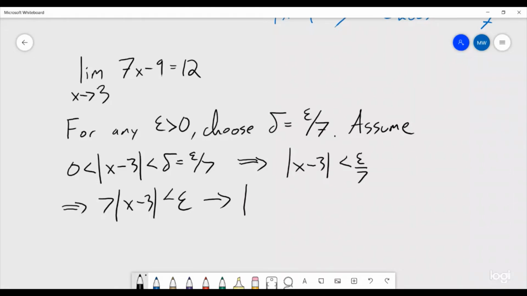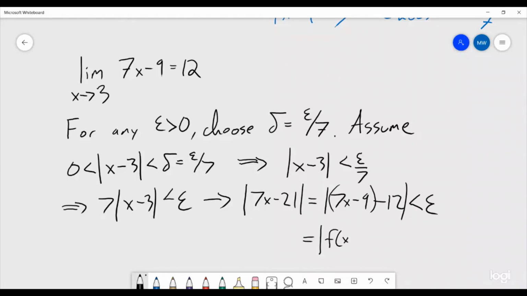So the absolute value of 7x minus 21, which is the same as 7x minus 9 minus 12, is going to be less than epsilon, which is the same thing as the absolute value of f of x minus L is less than epsilon, which is enough to conclude that the limit as x approaches 3 of 7x minus 9 is in fact 12.